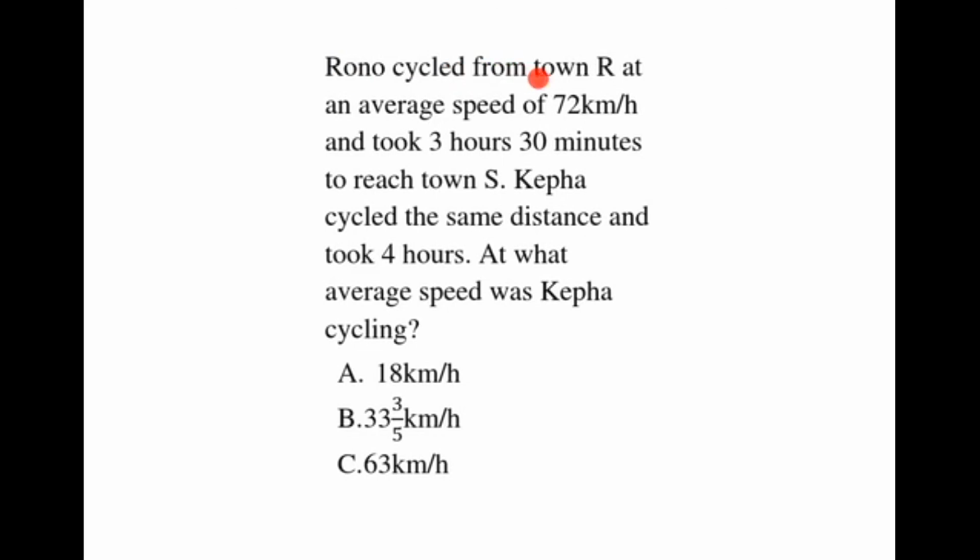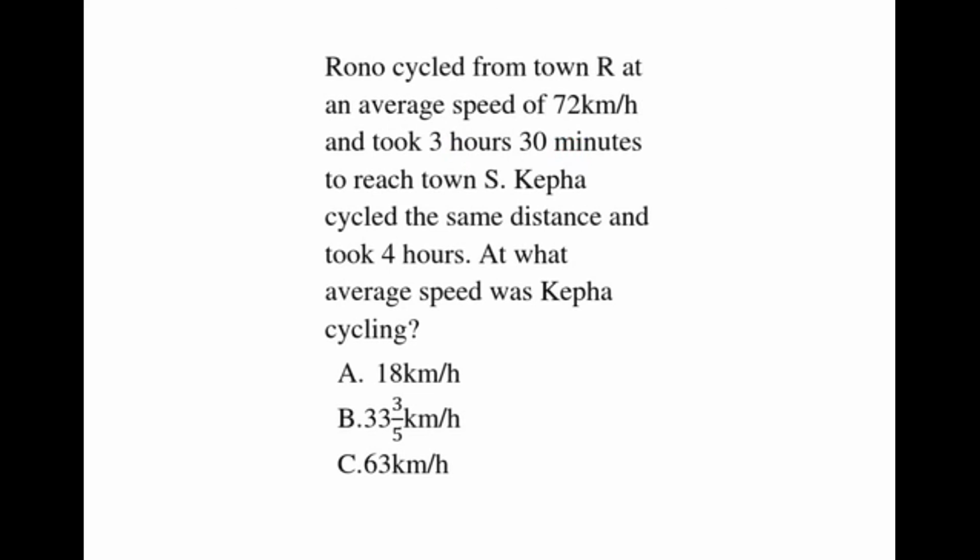Rono cycled from town R at an average speed of 72 kilometers per hour and took 3 hours 30 minutes to reach town S. Kefa cycled the same distance and took 4 hours. At what average speed was Kefa cycling? We have the average speed 72 kilometers per hour. We are also given time 3 hours and 30 minutes.